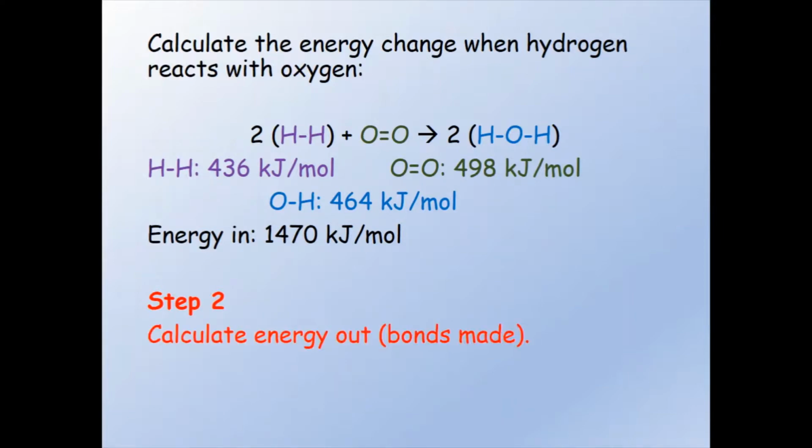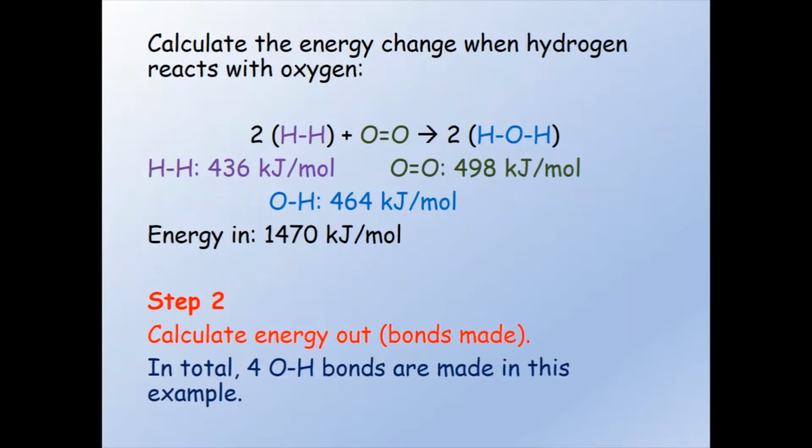Now step 2 is calculate energy out. So we have to calculate the energy of the bonds that are made. In total, 4 oxygen-hydrogen bonds are made in this example. This is because in each water molecule there are 2 oxygen-hydrogen bonds, and we have 2 water molecules. So we get 4 in total.